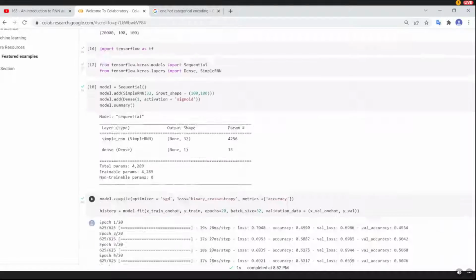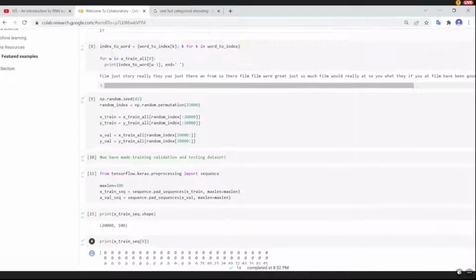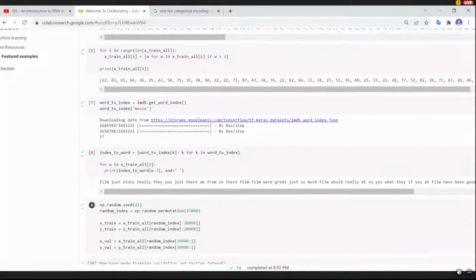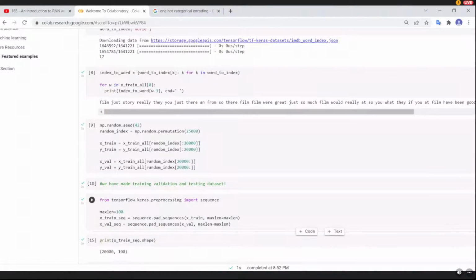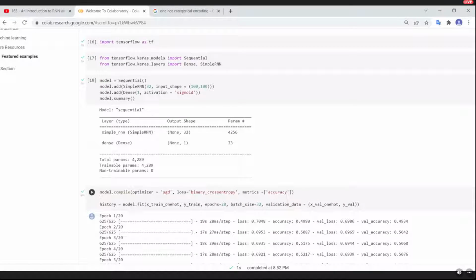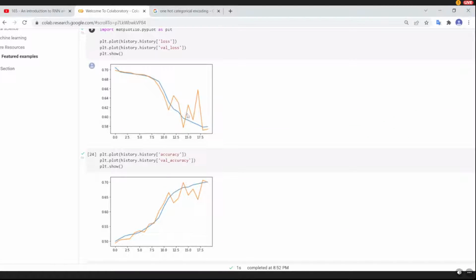Through this coding, we were able to train our model on the IMDB dataset. It looks pretty good. We used the recurrent neural network, and as we trained, the loss gradually decreased.